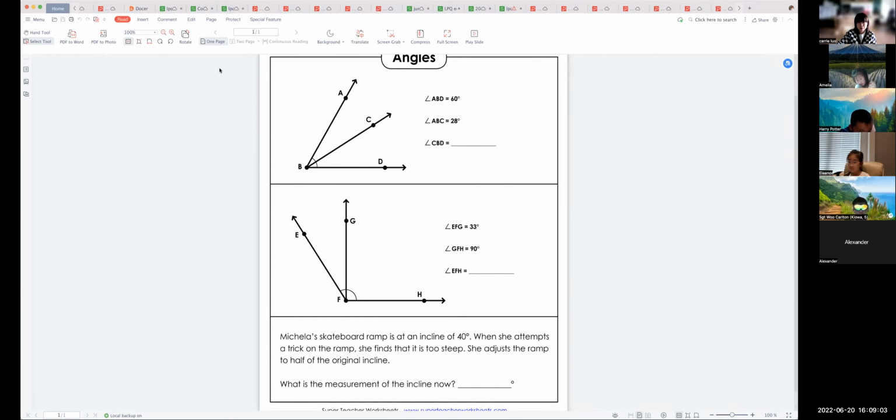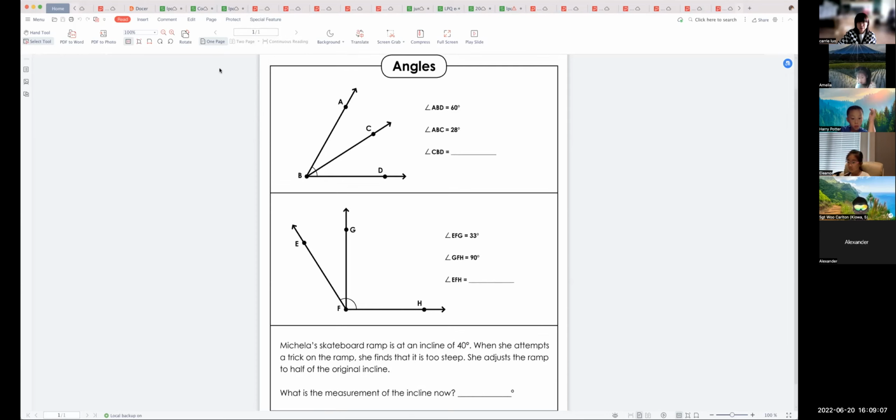She adjusted the ramp to half of the original incline. So what is the measurement of the incline now? So these three questions, first one actually already helped you, but I want you to do it yourself. The last one, Colton will help you to do how to do it, okay? So the middle one, I think everybody can do it. Okay, so boys and girls, your turn to do number 1, number 2, and number 3.